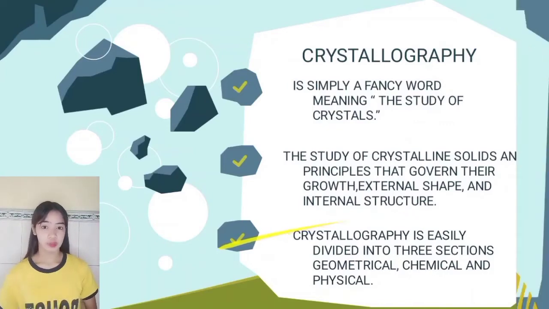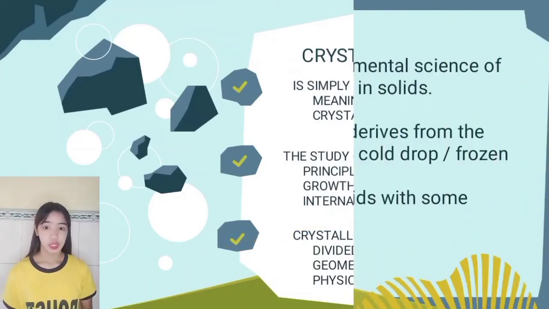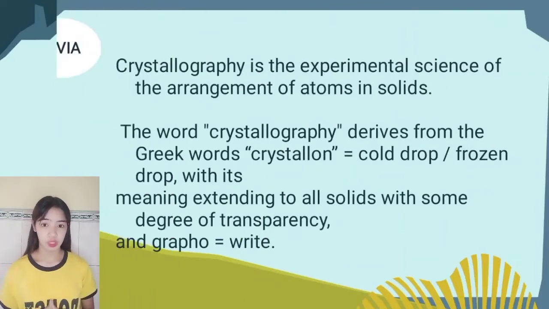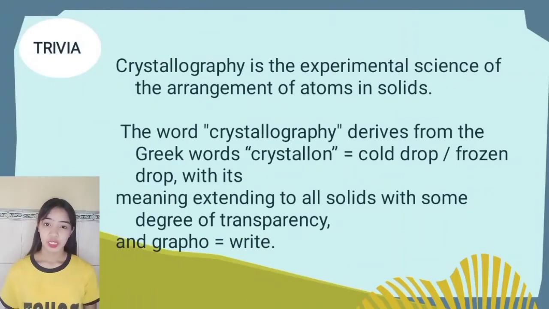So here are some trivia about crystallography. Do you know that crystallography is the experimental science of arrangement of atoms in solids? In fact, the word crystallography derives from the Greek words kristallon, which means cold drop or frozen drop, with its meaning extending to all solids with some degree of transparency, and grapho means to write.